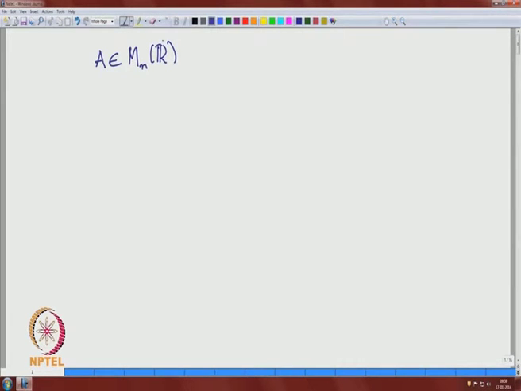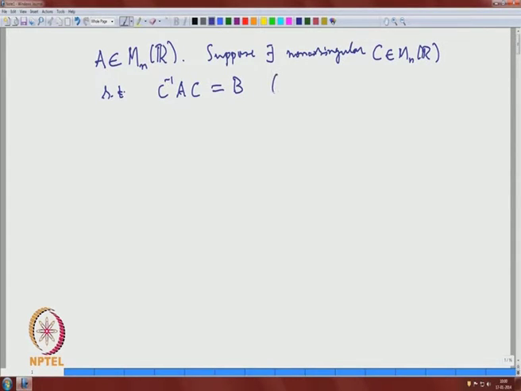We call A similar to B if there exists a non-singular C belonging to M_n(R) such that C inverse A C equals B. We say that A and B are similar.